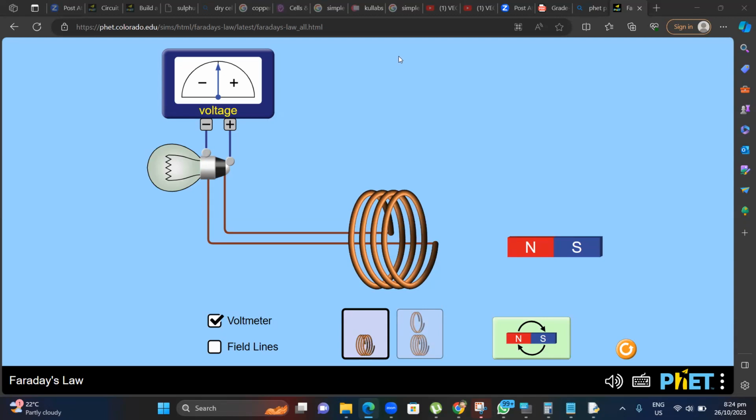The DC voltage is what produces electricity straight away as direct, and AC is not like that. DC is direct current.